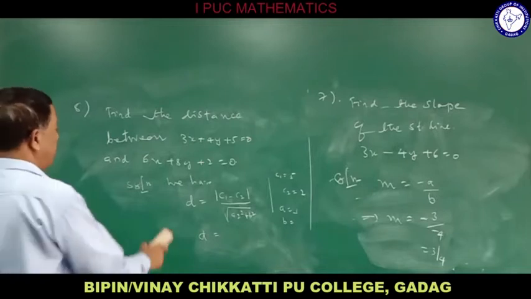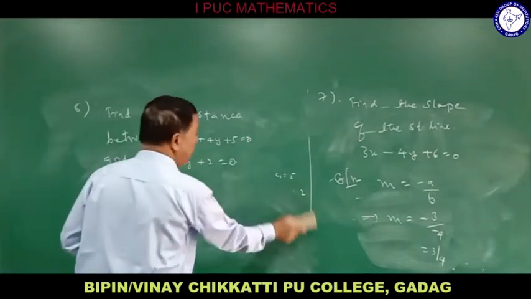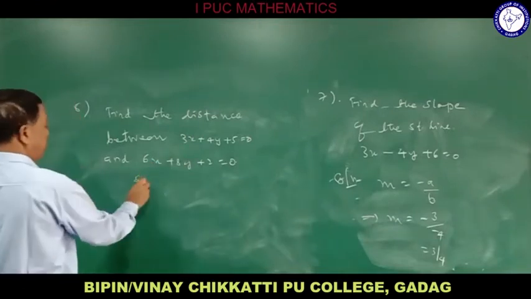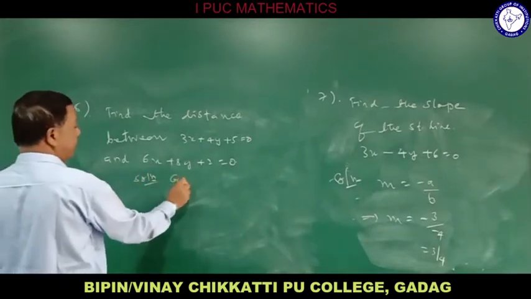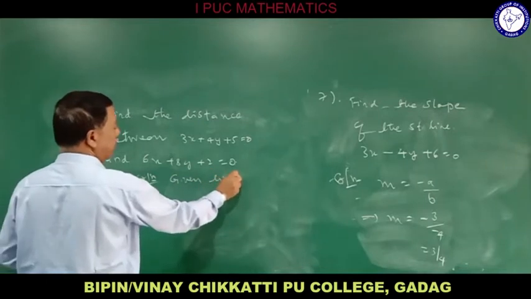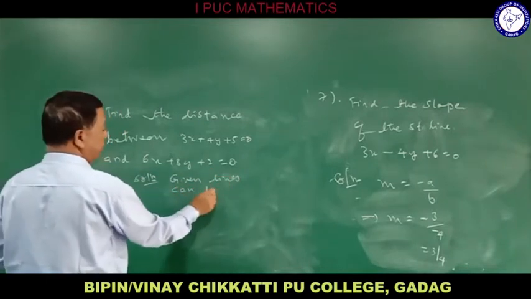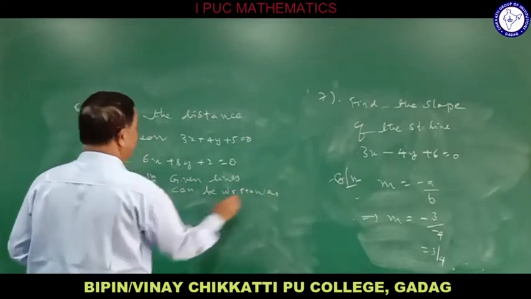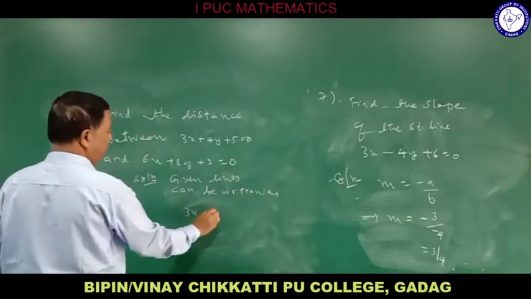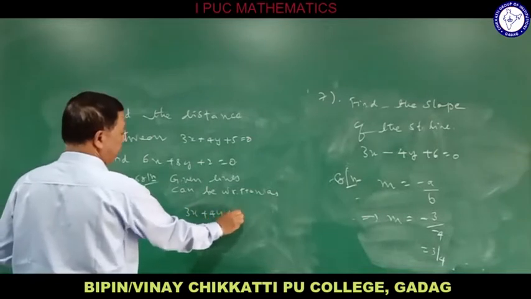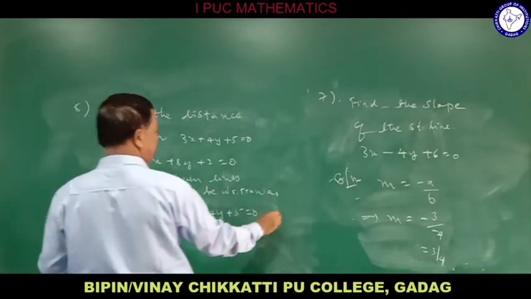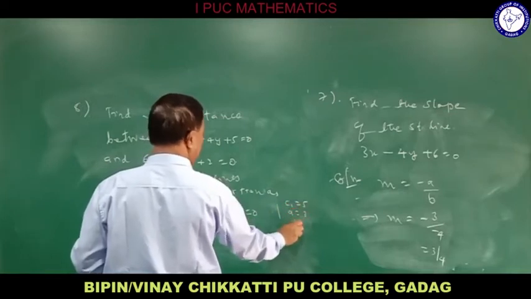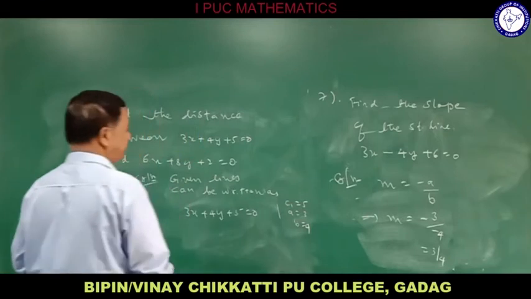For parallel lines, the given lines should be written so that the coefficients match. So the given lines can be written as 3x plus 4y plus 5 is equal to 0. Here C1 is equal to 5, A equal to 3, B equal to 4.